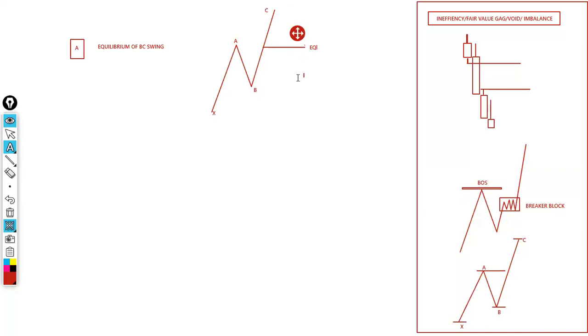The EQ here means the equilibrium, that is 50% of the swing. So I usually pay attention to 50% of the swing of the BC leg. If I am going to buy, I want to make sure that the market will return to the 50% at least before I buy. Remember that the principle still states that we should consider buying low.